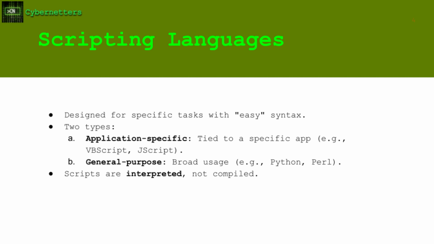These are like the single-purpose tools tied to a specific application. For example, VBScript and JScript are designed to work in browsers or particular environments. Then, we've got the general-purpose languages. These are more like your multi-tool options, such as Python and Perl, which can be applied to countless scenarios and systems.